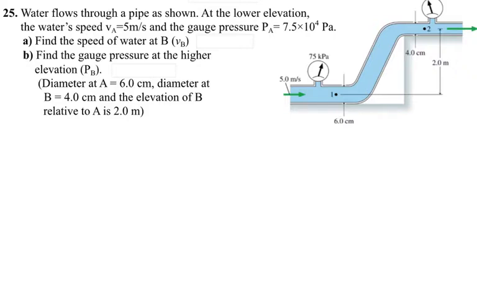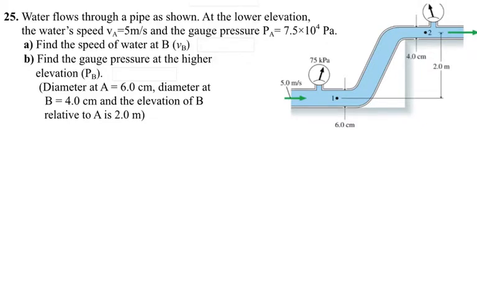Find the speed of the water at point B. So they mean the top one is point B and the bottom is point A. And find the gauge pressure at the higher elevation, which is point B. The diameter at point A is 6 centimeters, and the diameter at point B is 4 centimeters. And relative to point A, the height is 2 meters.